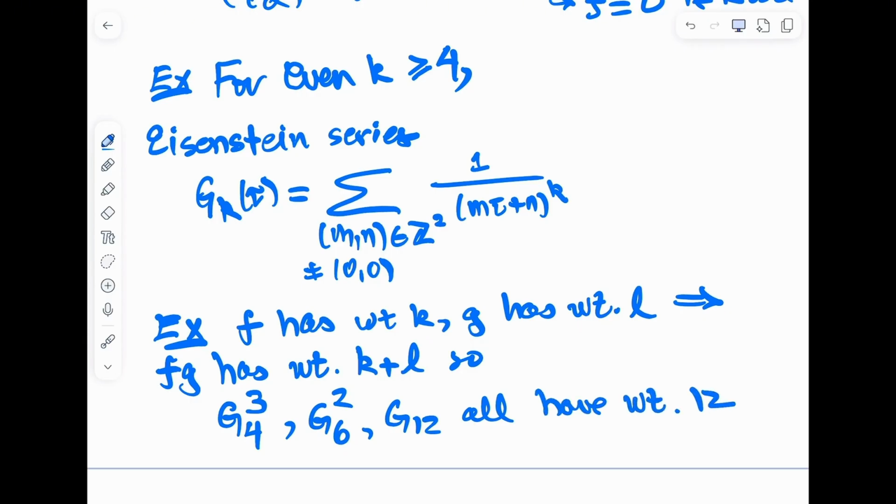Okay, they're all weight 12 modular forms for SL2Z, even though they're defined in different ways, and it's not obvious that they have any relations to each other.